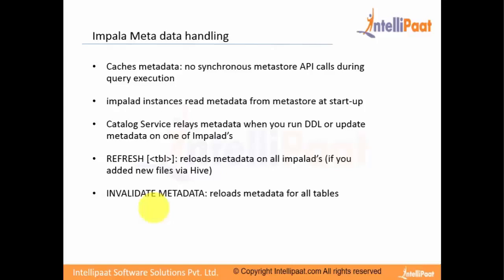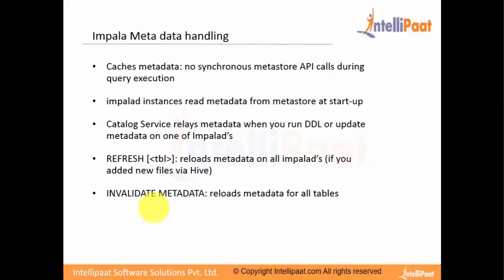So before we wind up, let's have a quick recap on what we have covered in this session. We went through a brief introduction about Impala. We discussed the advantages of Impala. We discussed how Impala and Hive are different from each other. We took a couple of pages from our slides discussing the core components of Impala.